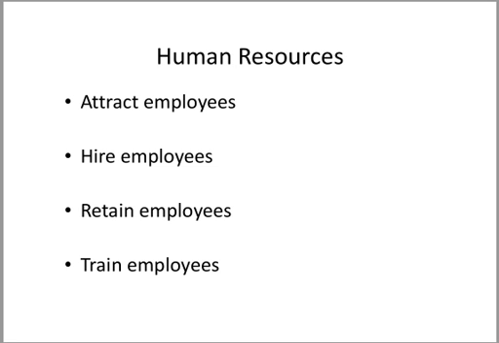Then hiring, which involves screening and evaluating candidates, the hiring process. Then retaining employees, the HR is also responsible to ensure that the good people stay, right? And then ultimately training employees, because you just can't hire somebody and the person will work forever. You need to train them, you need to refresh their knowledge. So all that is done by the human resources department.